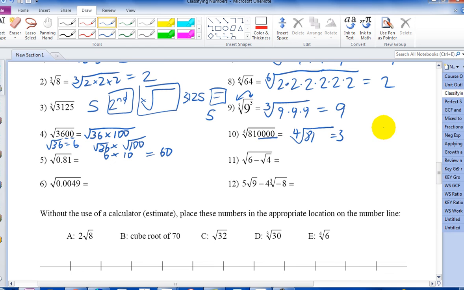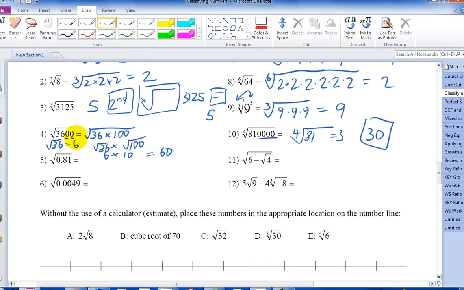And so the answer then is 300. Oh no, sorry, 30. It was the fourth root. Is that right? 30 times 30 times 30 times 30? Okay.